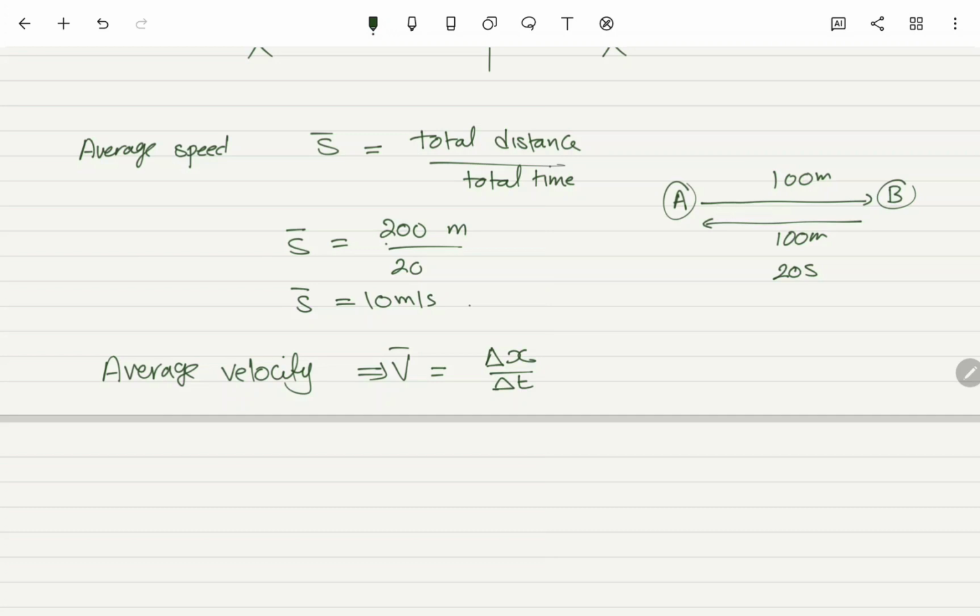For this runner, the average velocity is equal to 0 because the displacement for this runner starts from position A and ends up at position A, so the displacement is equal to 0. So the average velocity for this runner is equal to 0 meters per second. Now let's have an example.